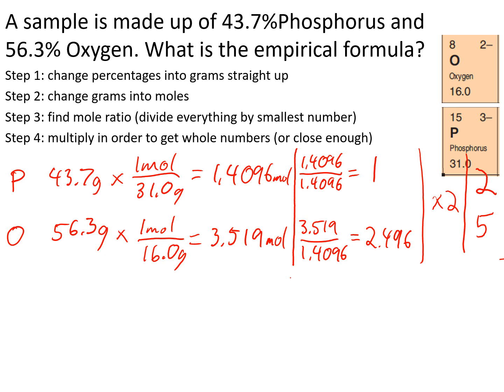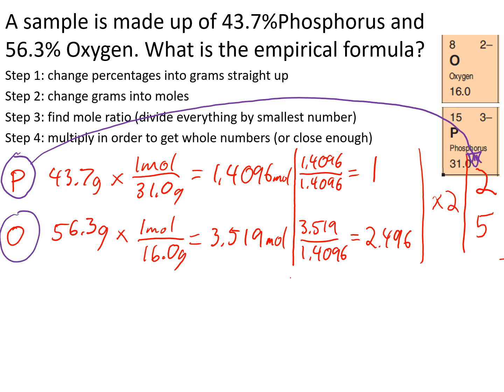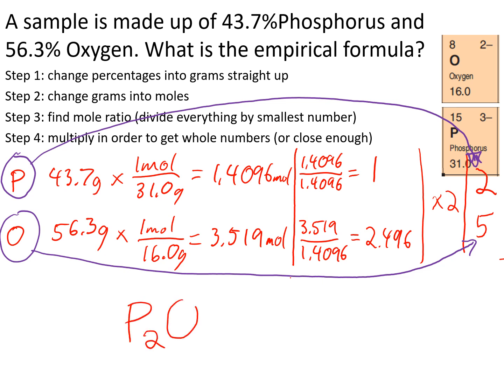So what that means is for phosphorus, there are 2 phosphoruses, and for oxygens, there are 5 oxygens. So I'm going to write that now. Phosphorus, there's 2, and oxygens, there's 5. So our empirical formula is P2O5.